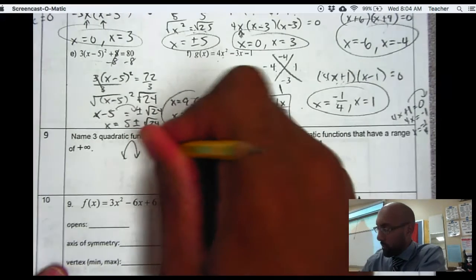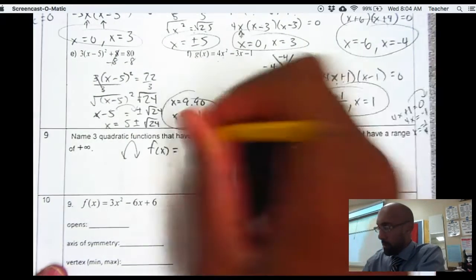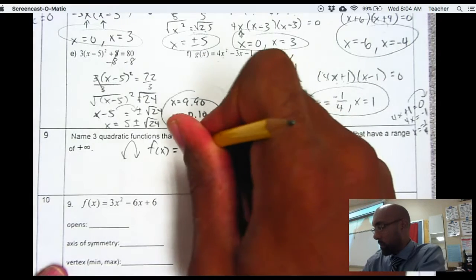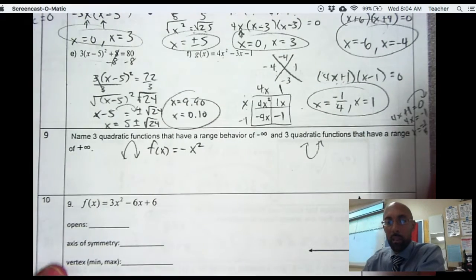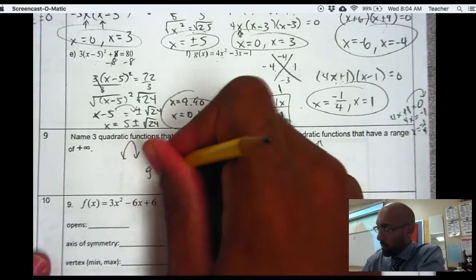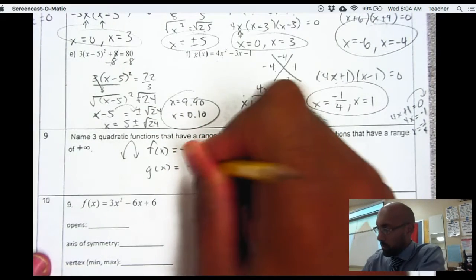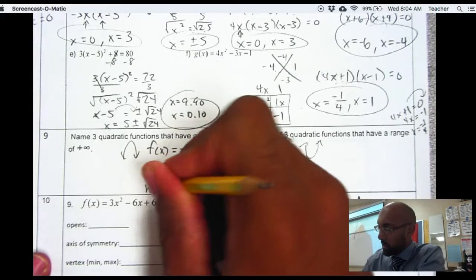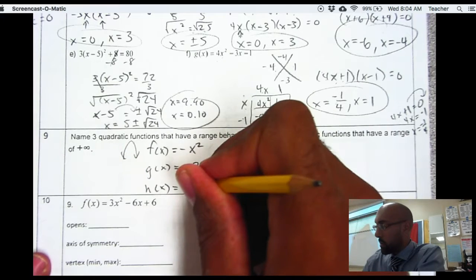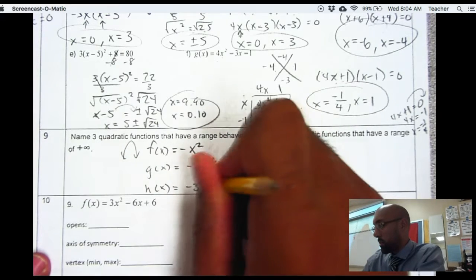So let's start with f(x). One simple one that goes down would be -x². Then g(x), let's do -2x². Then I'll do h(x), make sure they're all different. We'll just say, again, -3x².